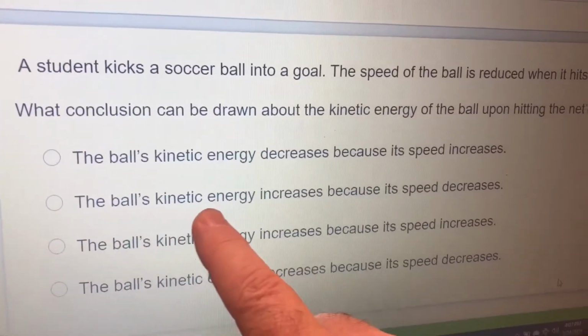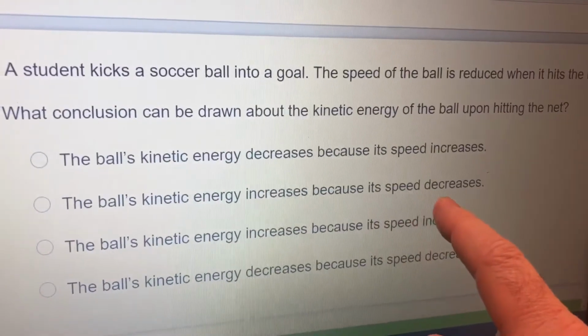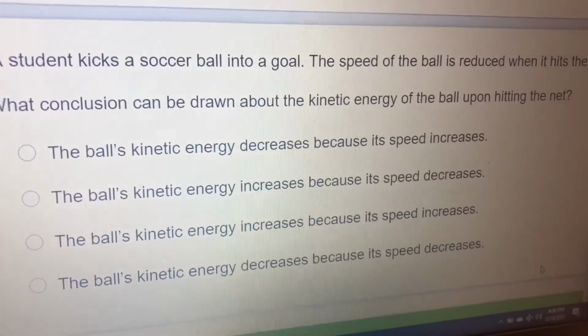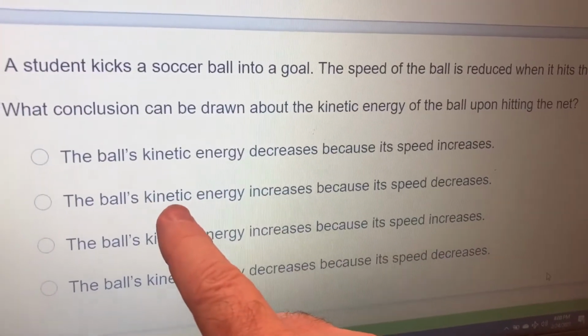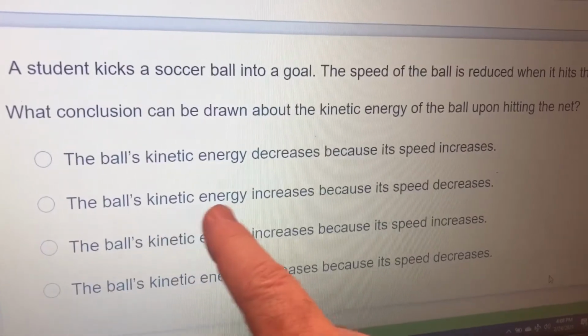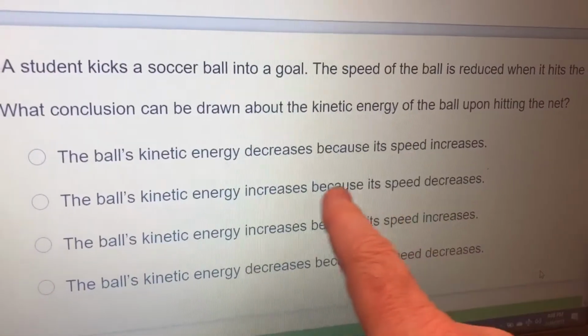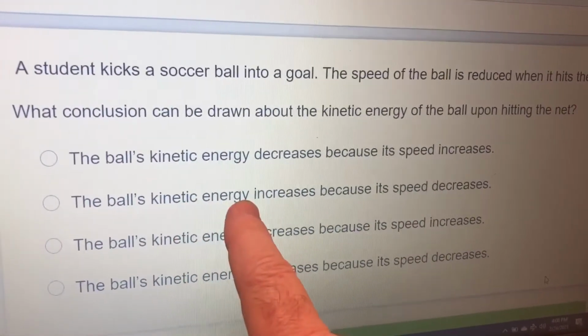The ball's kinetic energy increases because its speed decreases. So if the speed decreases, we know that kinetic energy is energy in motion. So if the speed is decreasing, then we cannot have more kinetic energy.